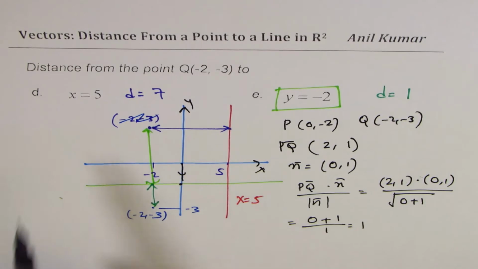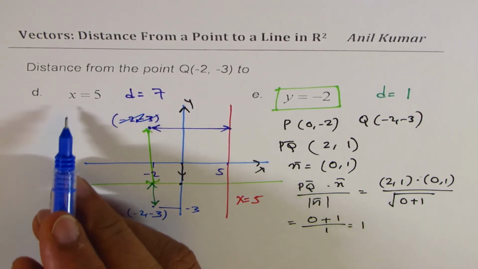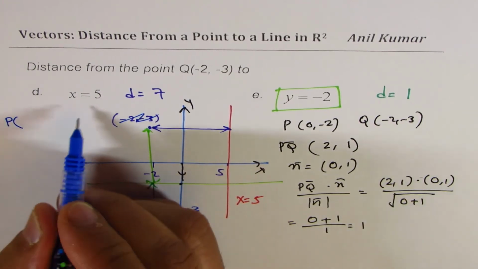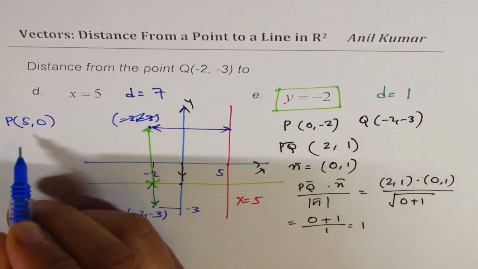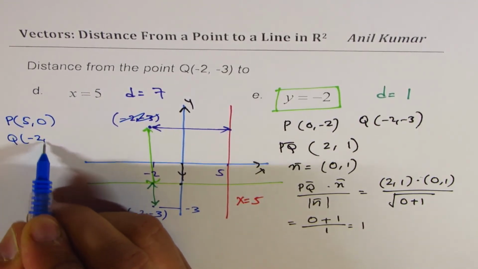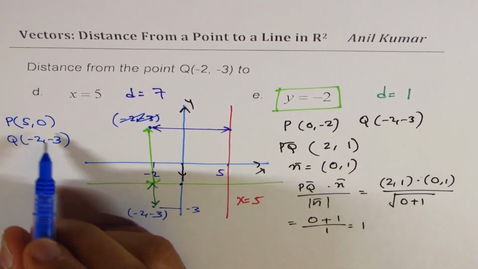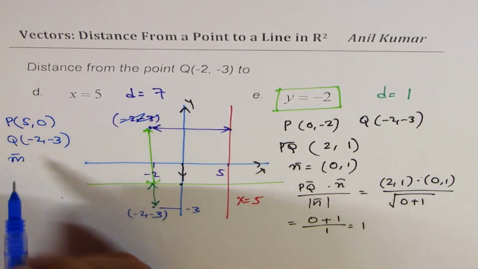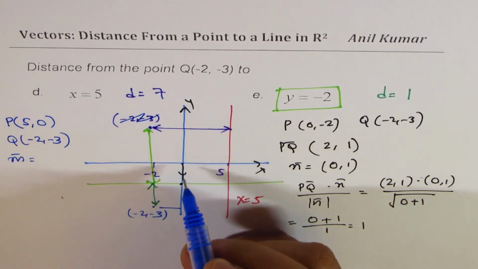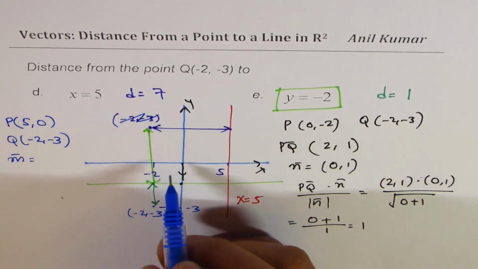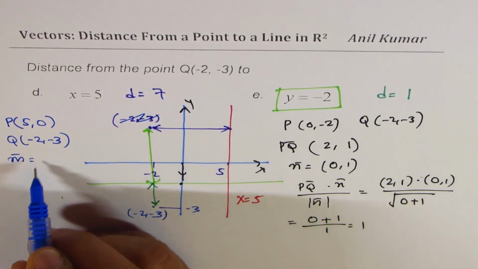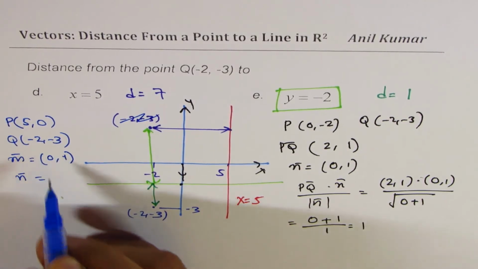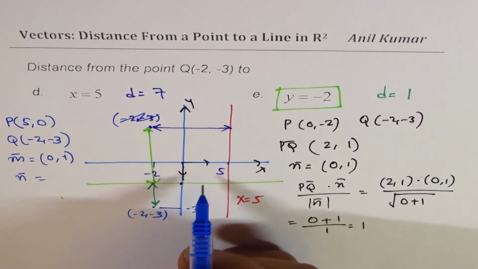So likewise, you could also do it for the vertical line, right? In this case, you could use a point P, which is (5, 0). Q is given to us as (-2, -3), and the slope M for the line is along the y-axis, so it is (0, 1), and N, the normal, is along the x-axis, correct?